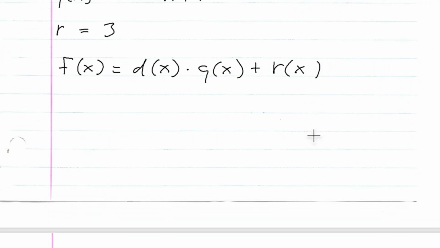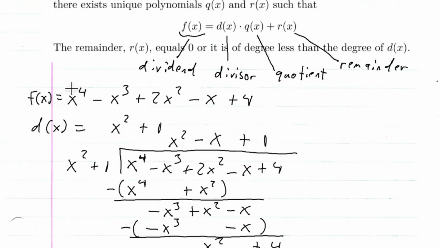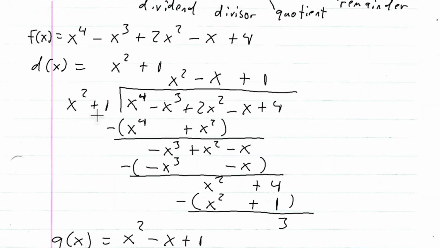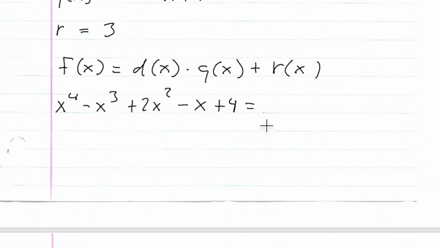So, based off of this, we know that our original f of x, x to the fourth minus x cubed plus 2x squared minus x plus 4, is going to be equal to the divisor we chose, remember, was x squared plus 1.